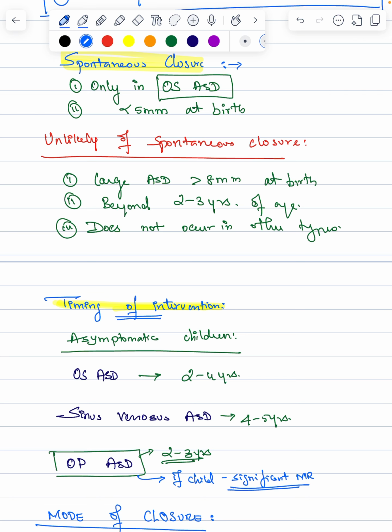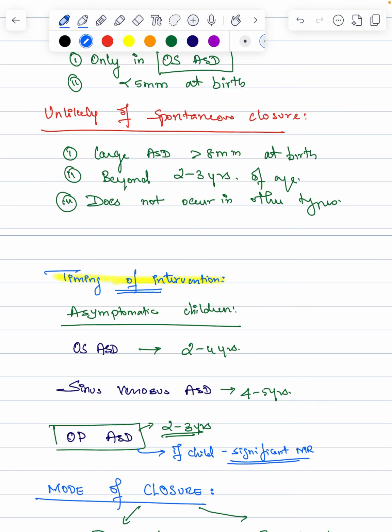Yes. Next, in symptomatic children, when should you intervene? When there is an ASD with a left to right shunt that is causing right ventricular overload, RV overload, then it requires closure, right?